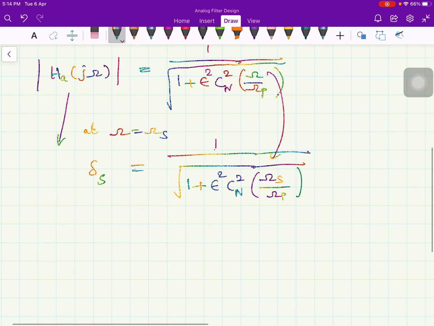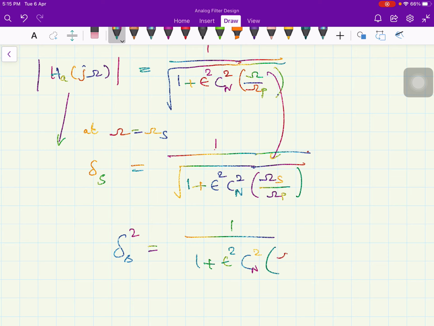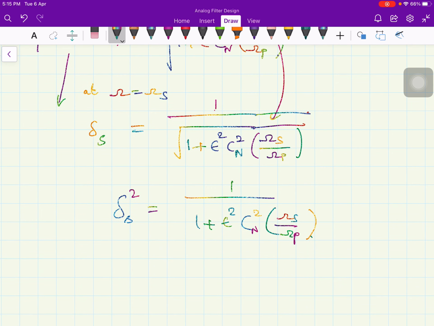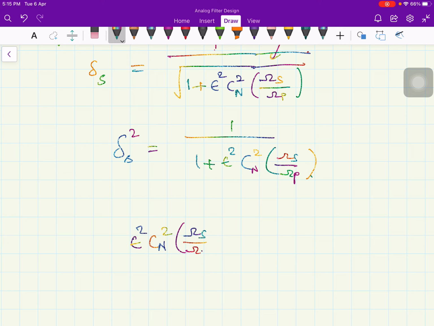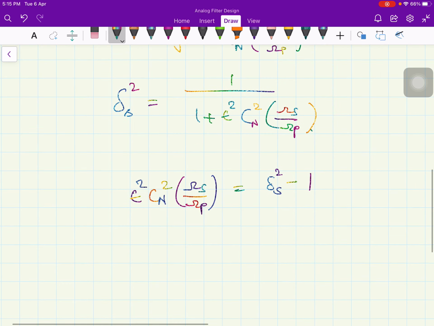Now square it. Therefore delta s squared is 1 divided by 1 plus epsilon squared Cn squared of omega s by omega p. Or you can write this as epsilon squared Cn squared of omega s by omega p is equal to 1 by delta s squared minus 1.